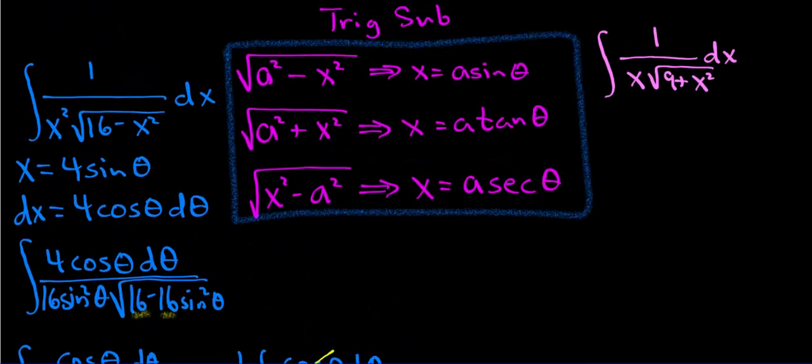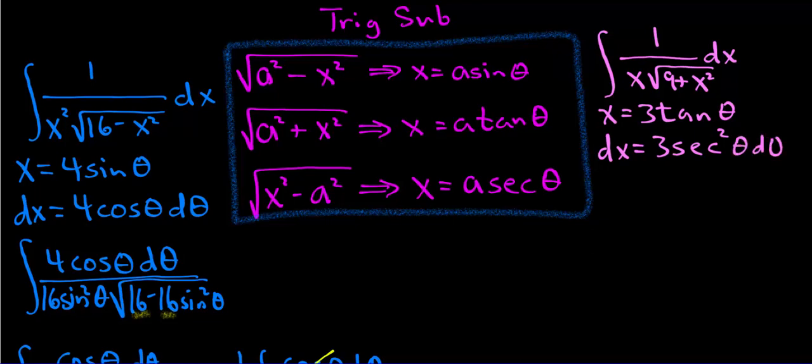Now let's look at this other one. This one is 9 plus x squared. So let's let x equal 3 tangent theta. Then dx is 3 secant squared theta d theta. Now let's see what we've got here.